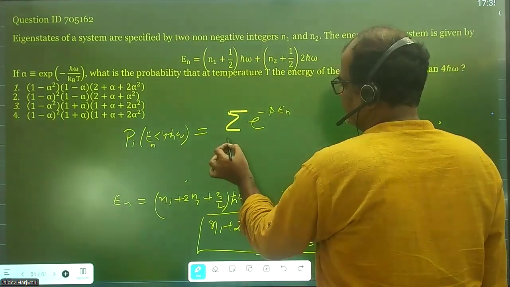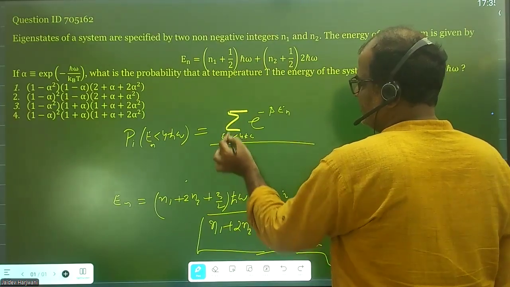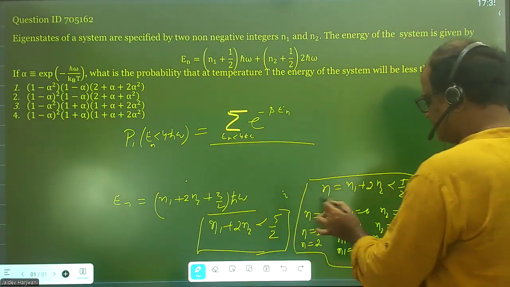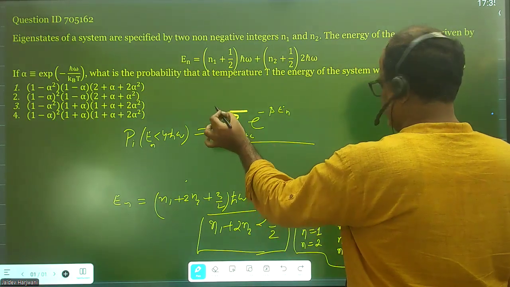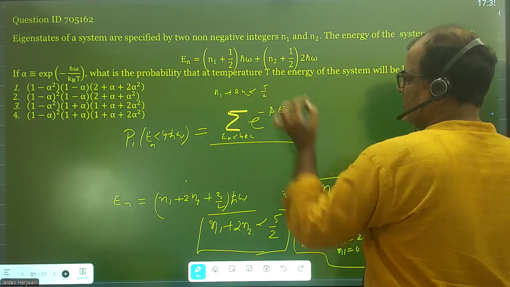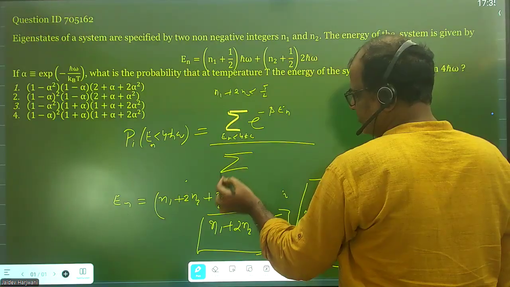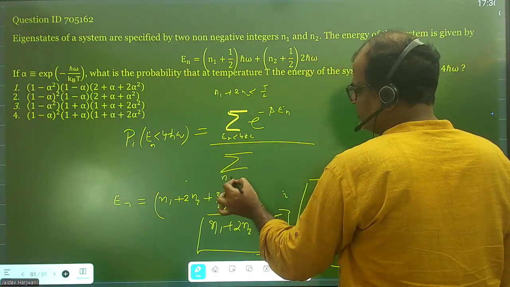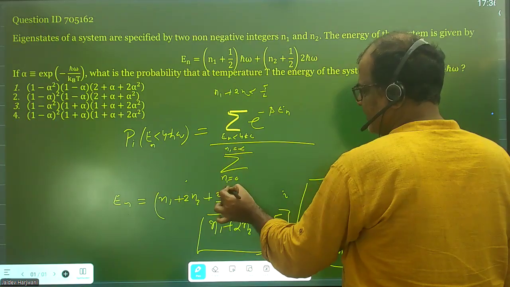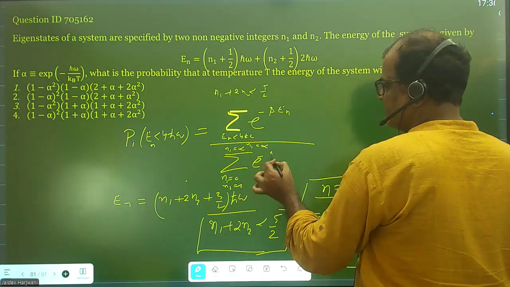The condition E_n less than 4ħω automatically limits the choices of n1 and n2, so n1 + 2n2 should be less than 5/2. In the denominator you have to take all the states, the total probability, the sum over all states, the partition function Z. Here n1 can go from 0 to infinity, and n2 can also go to infinity, of e^(−βE_n).